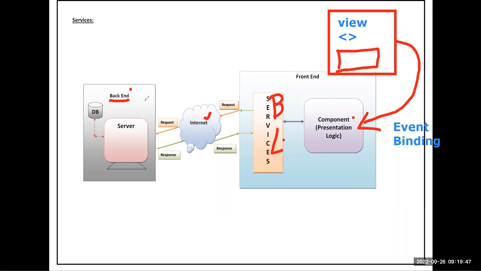Furthermore, the job of that backend server is to take that request and check which request it is, which API name was sent. Then the server sends it to the particular controller.